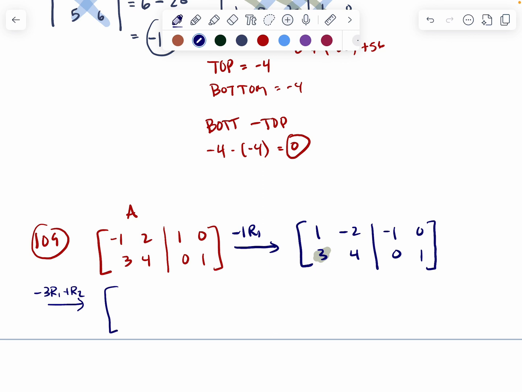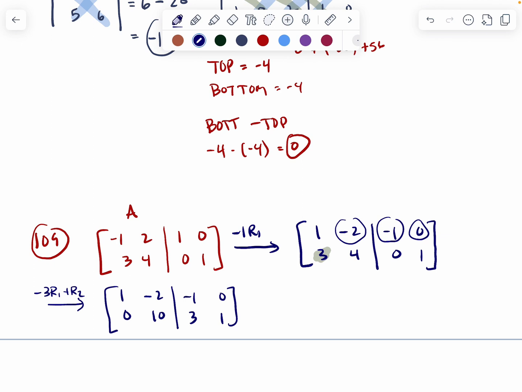This is going to stay the same. So you're going to have negative 3 plus 3, which is 0. Then negative 3 times negative 2, which is 6, plus 4 is 10. Then negative 3 times negative 1, which is 3, plus 0, which is 3. And then negative 3 times 0 is 0, plus 1 is 1.